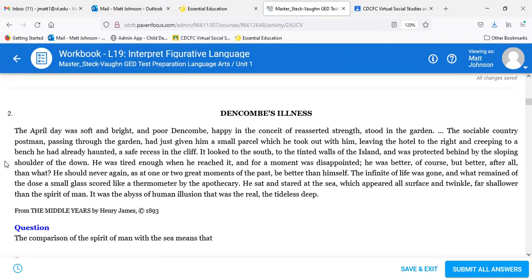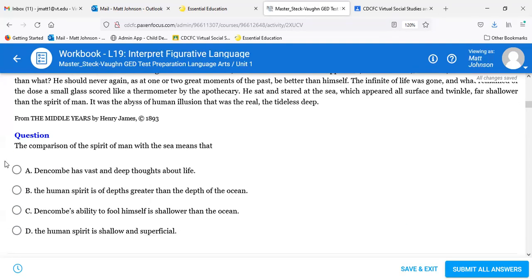And 2, Sasha Gay, could you read 2 for us? Yes. The comparison of the spirit of the man with the sea means that A, Dencombe has vast and deep thoughts about life.